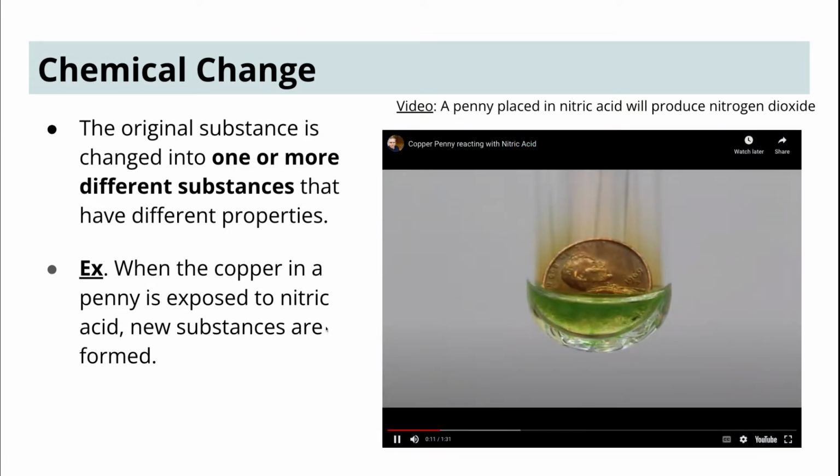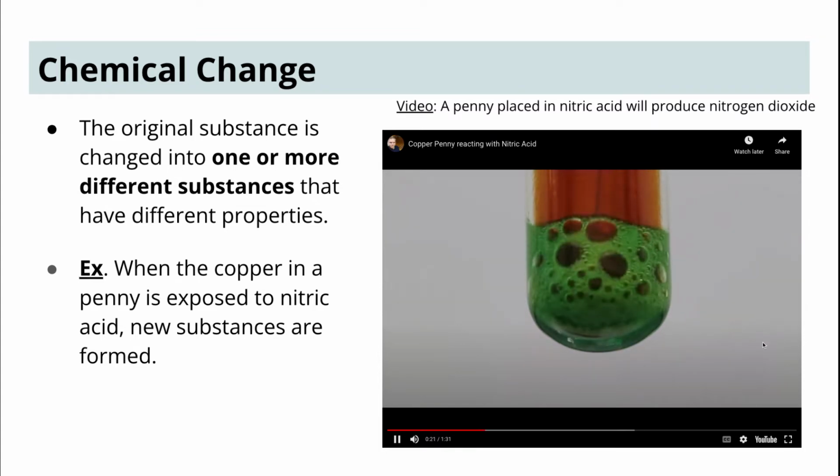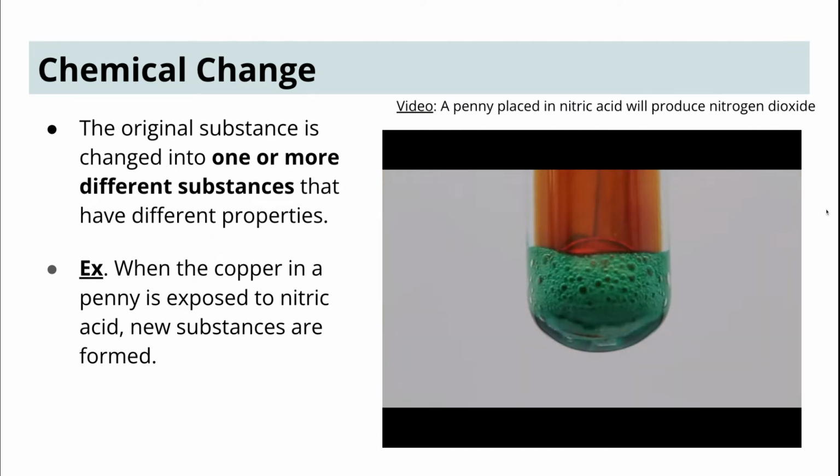And so here's our copper penny with nitric acid. You can see as the reaction starts, we get lots of bubbling, lots of fizzing. And then you can also see this brown substance here, this gas that's being produced. That is the new substance that is being formed, this gas.